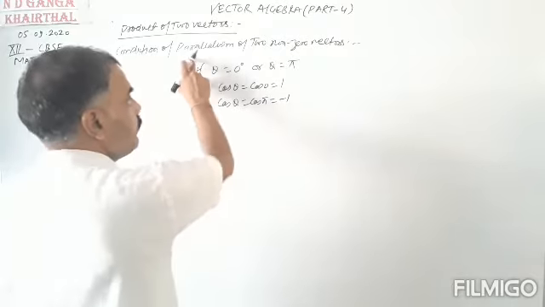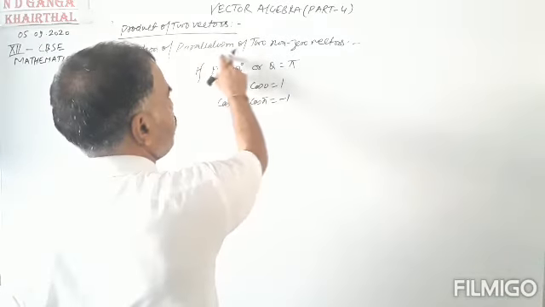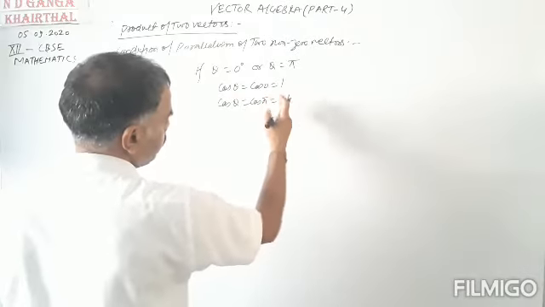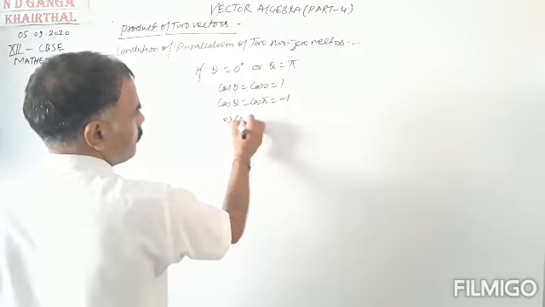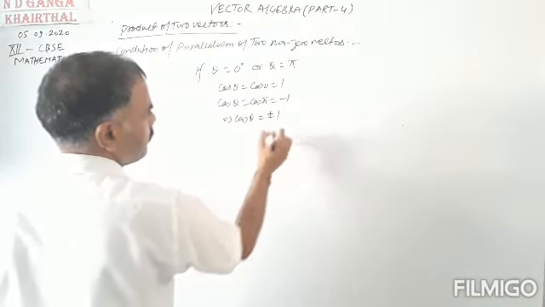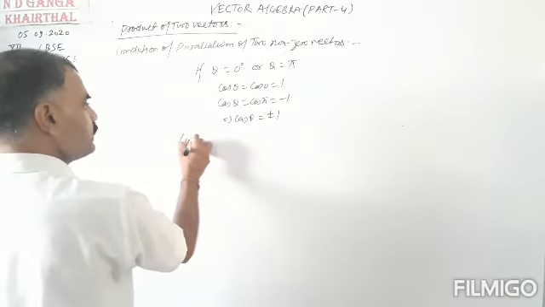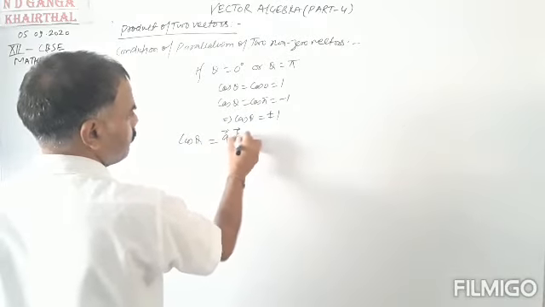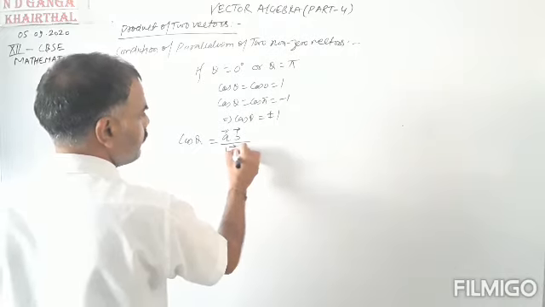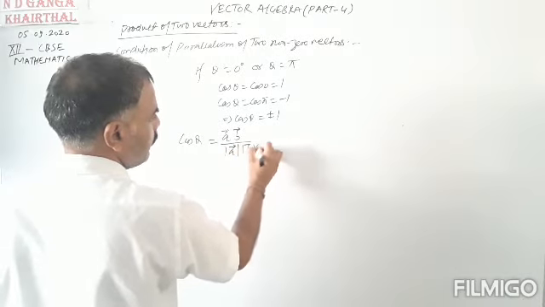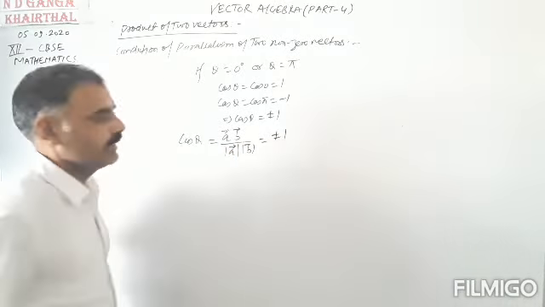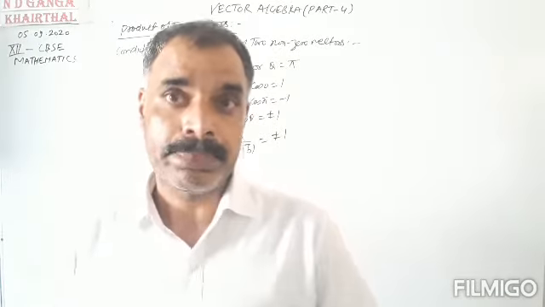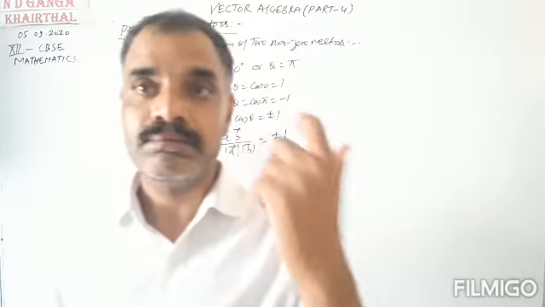So if vectors are parallel, then cos theta is equal to plus minus 1. So cos theta equals a vector dot b vector divided by magnitude of a vector, magnitude of b vector, which is equal to plus minus 1 when the two vectors are parallel.